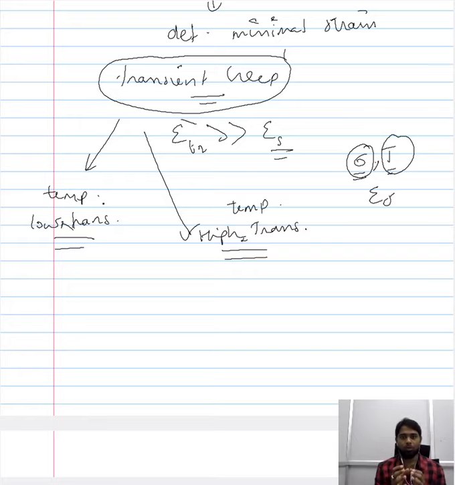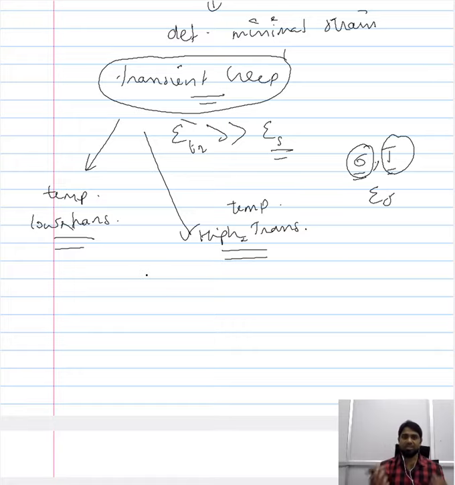So irrespective of the values of stress you consider, either relatively low or relatively high, whatever may be the choice of your stress, it is going to be dominant in the transient creep region. However, what we have to consider is the role of the temperature. This would vary depending on the temperature you assume, and therefore instead of having low stress, low temperature transient creep and high stress, high temperature transient creep, we have just low temperature creep and high temperature creep.